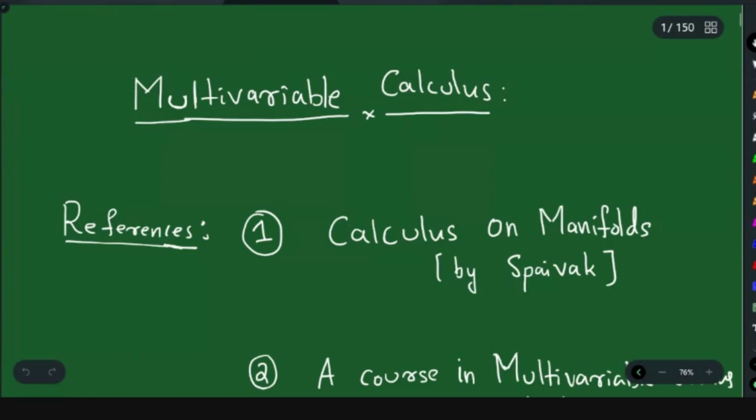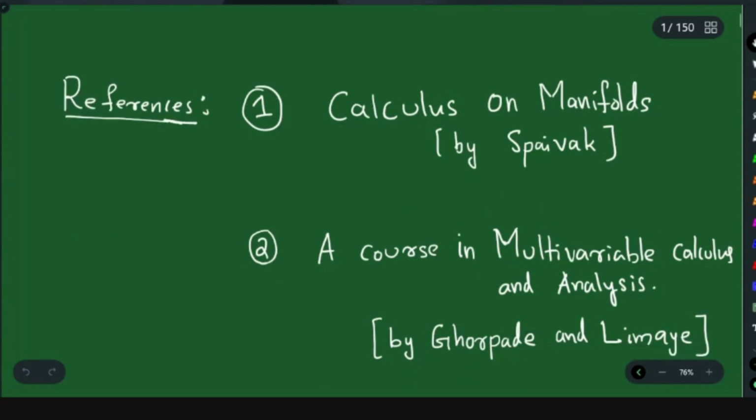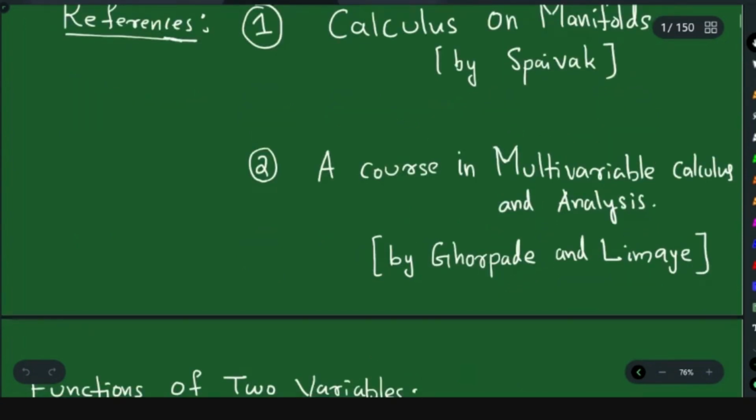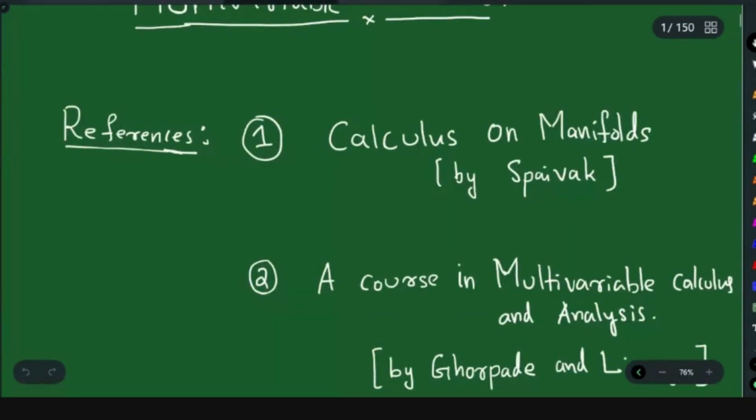These are the references I use: Calculus by Marsden and Weinstein, and A Course in Multivariable Calculus, and Analysis by Courant and John. These are the 2 references I suggest. If you are interested in more on this topic, you can look at these books.